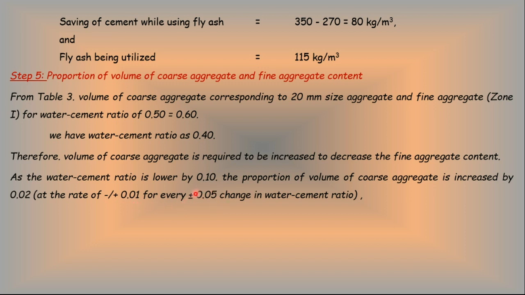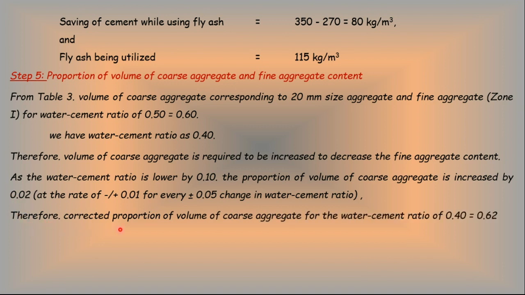For every change of water cement ratio of 0.05, the volume of coarse aggregate and fine aggregate content will also change. Therefore, the corrected proportion of volume of coarse aggregate for the water cement ratio of 0.42 will become 0.60 plus 0.02 equals 0.62.